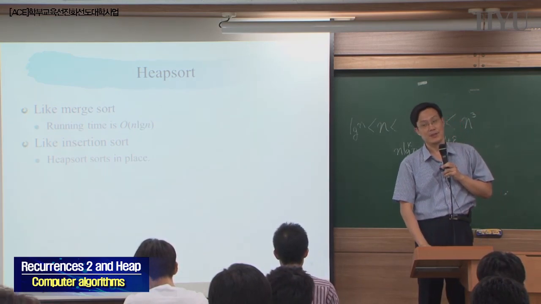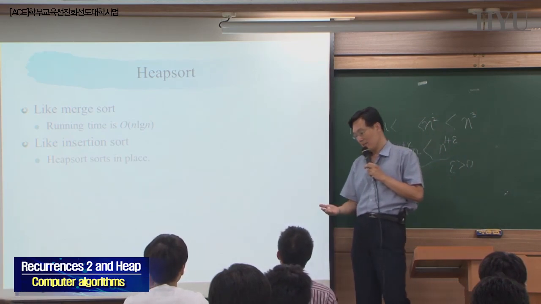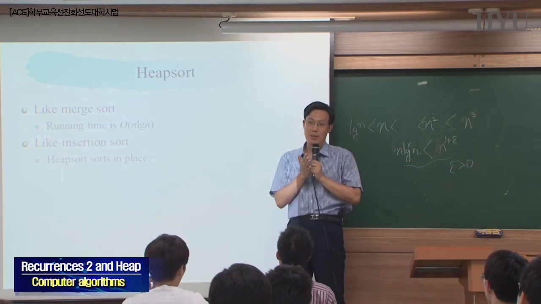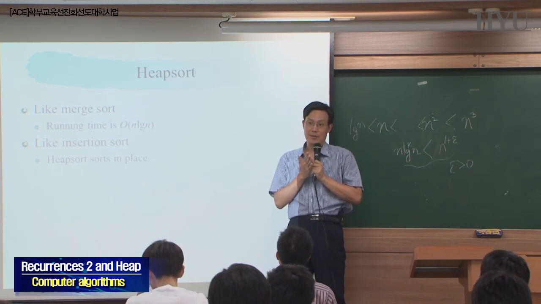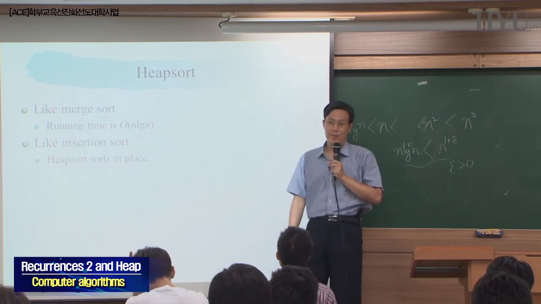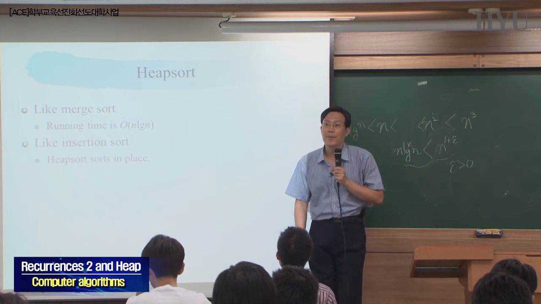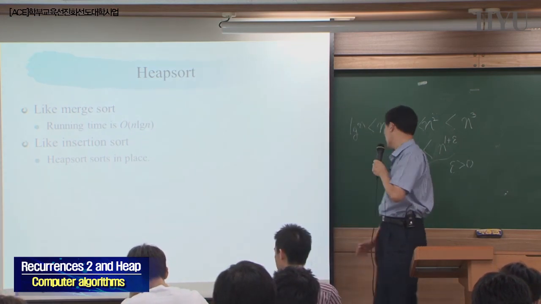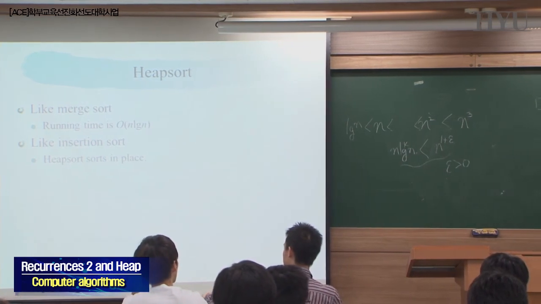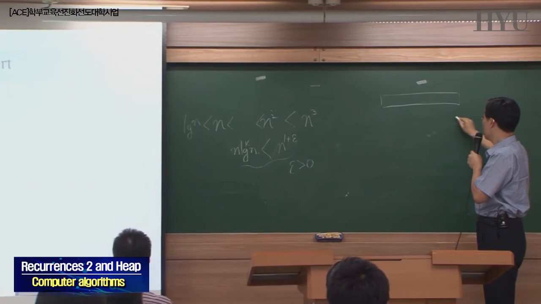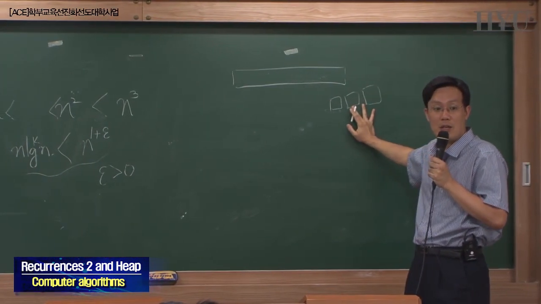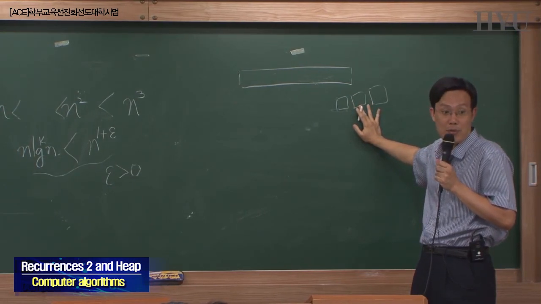Okay, but when we compare the memory space, which is better? Insertion sort is better. Why? This is the input array. Insertion sort requires only a couple of new variables.